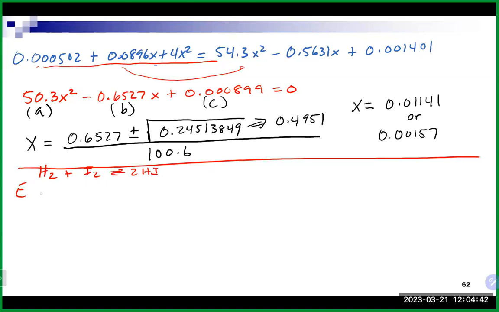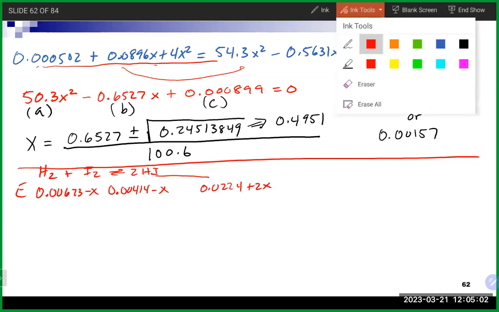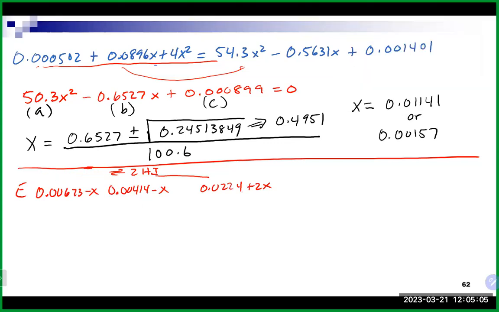So we got 0.00623 minus X for H2, 0.00414 minus X for I2, and for our HI, we got 0.0224 plus 2X. So this is obviously from our ICE table here: H2, I2, and 2HI.